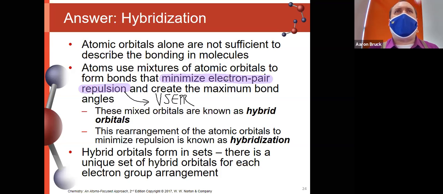Why do they form in the bond angles that they do? Hybridization is the answer to both of those questions. What we get are things called hybrid orbitals. Hybrid orbitals are the mixtures of s orbitals, p orbitals, and in some cases, d orbitals as well.